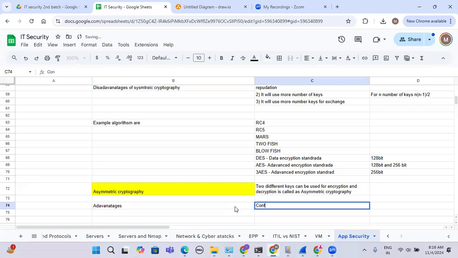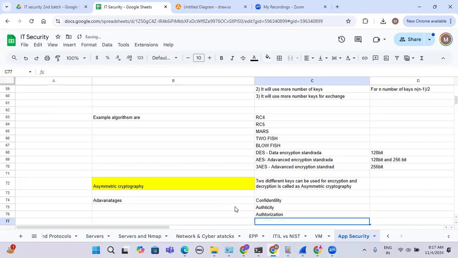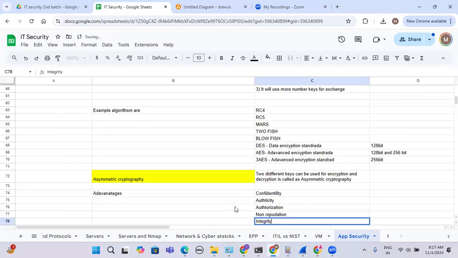It provides confidentiality. It provides authenticity. It provides authorization using digital signatures. So authenticity from the end user point of view, non-repudiation, and finally it provides integrity as well.